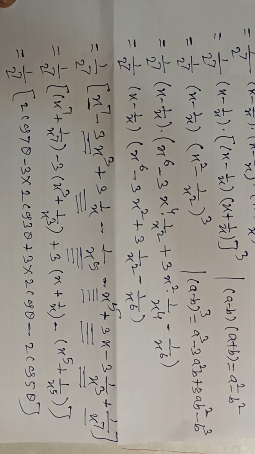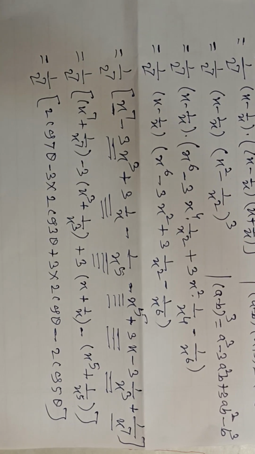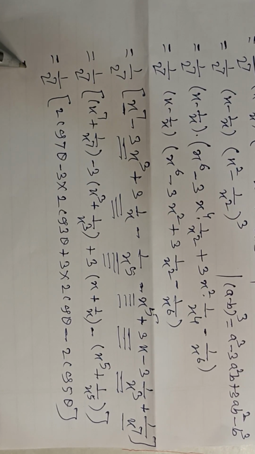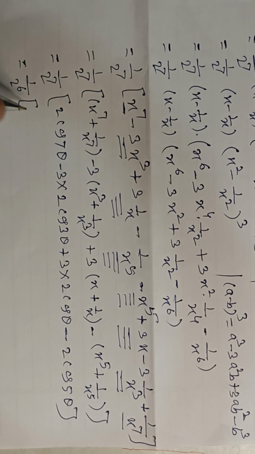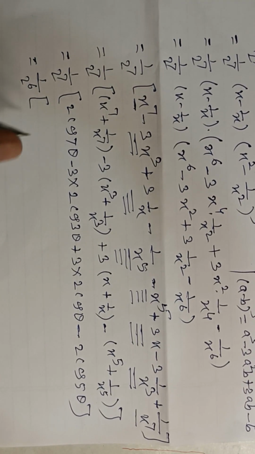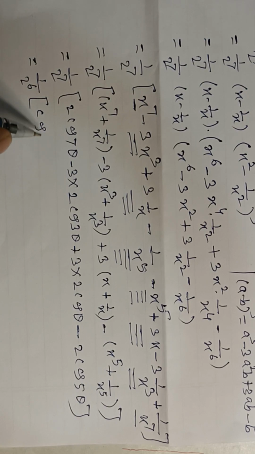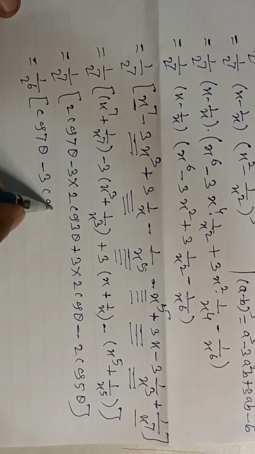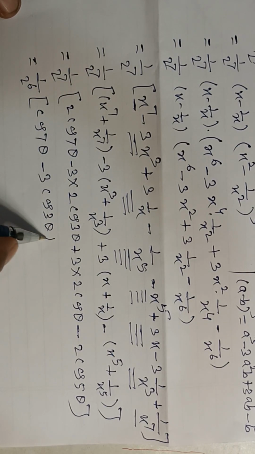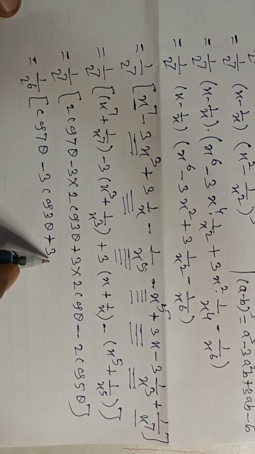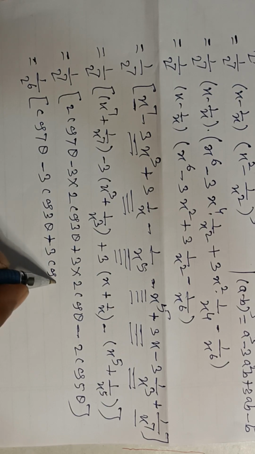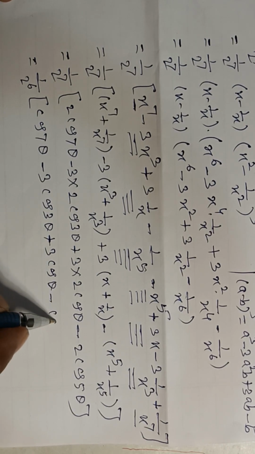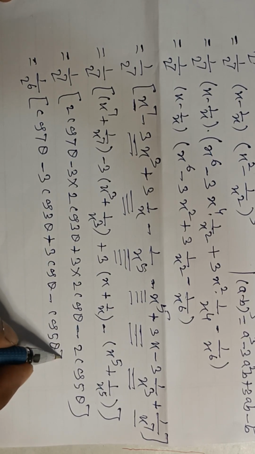Okay. Now you can take 2 common throughout. So this is equal to 1 upon 2 to the power 6 into bracket cos 7 theta minus 3 cos 3 theta plus 3 cos theta minus cos 5 theta.